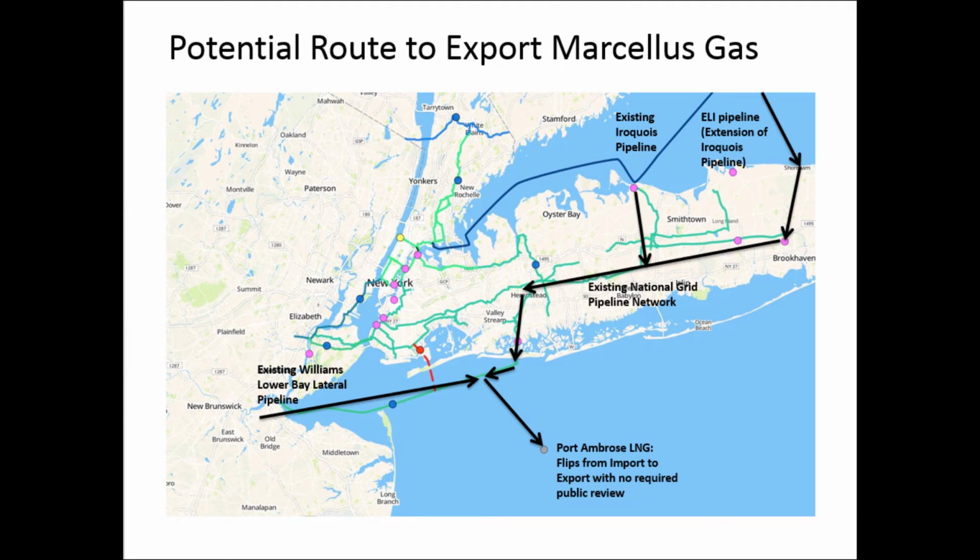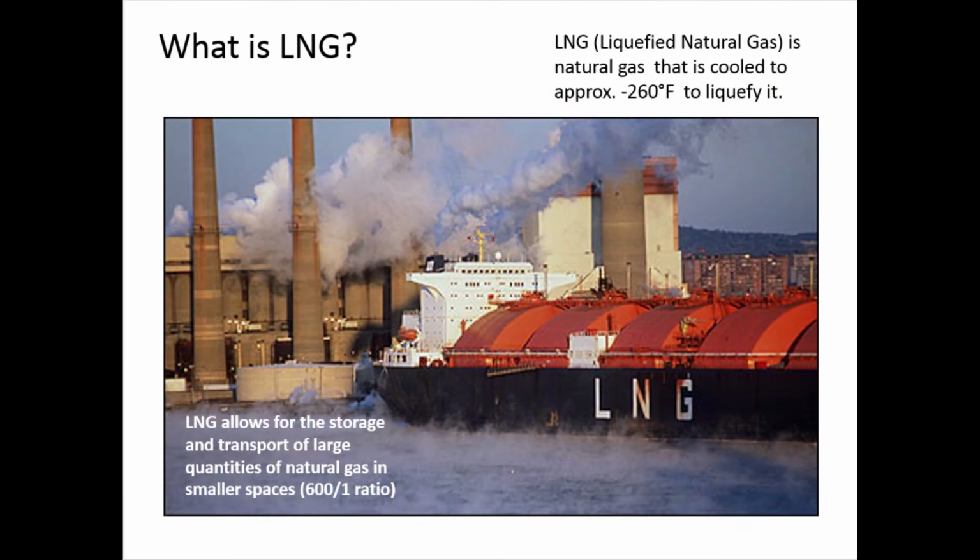They want to drill here and bring it through New York State, the Marcellus shale gas, and load it onto this boat that's about the size of the Empire State Building and about 11 stories or so tall.